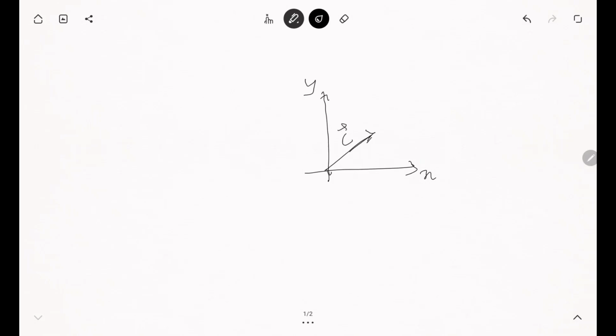I'll get to why I named it c later. You'll just find it easier, but as of now we'll call it c vector. And the angle between the x-axis and the c vector, let's call it theta. Alright, so there's this vector on a Cartesian plane which goes in a direction or angle theta.